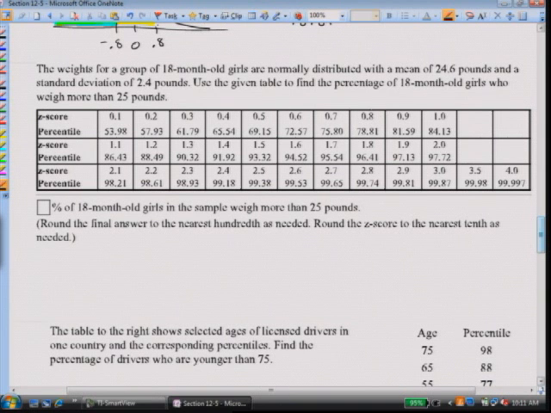Like if you're in the 90th percentile in height, that means you're taller than 90% of all the babies. Maybe you're 18 months old, and if your weight is in the 50th percentile, that would be a little bit disconcerting. You may be too thin, because if you're in the 90th percentile in height, you probably need to be about in the 90th percentile in weight too.